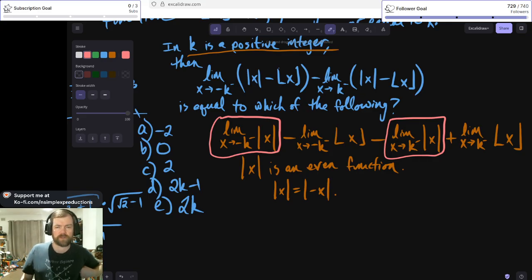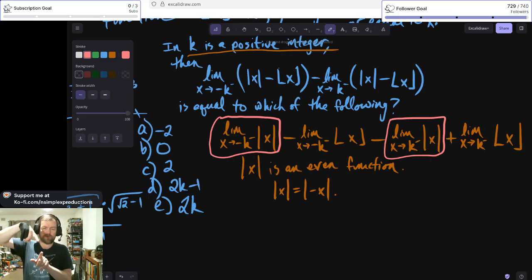With those two things, this is an even function. They're going to be approaching the same value, even though they're not actually the same exact value. They're both coming from the negative sides. So this one's going up into whatever our limit value is, and this one's coming down into whatever our limit value is. But their limits are going to be symmetric of each other over x equals 0.